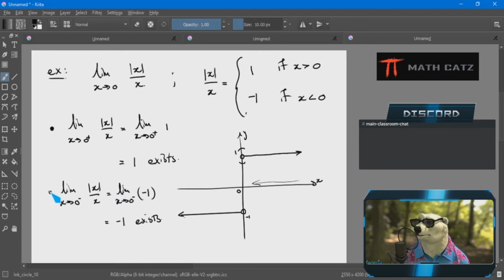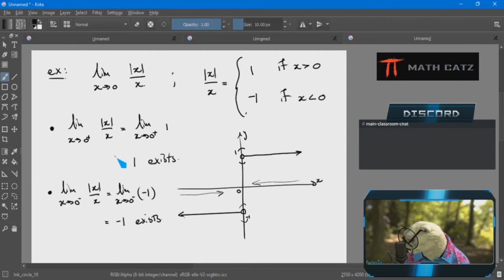For the left side, can I contain the y value of the function to a number, I don't care what the number is, just a number, that as I get closer to the x value in question, I'm coming towards 0 from the left, that y value is contained in as small a window as I want as I just get closer. Absolutely. It's as small a window as you want around negative 1. It doesn't even fluctuate. Doesn't change.